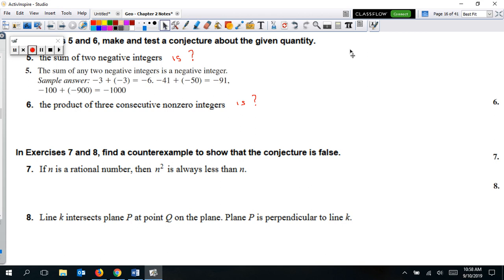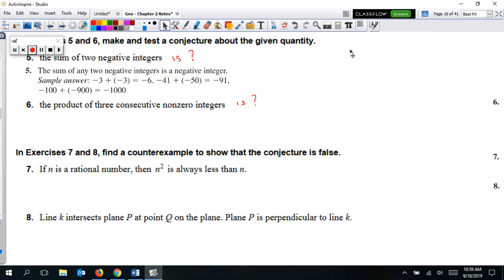You could use negative numbers. You could do -4, -3, -2. You can multiply those together. When you multiply three negatives, you will get a negative answer, so that's going to give you, what, -24?